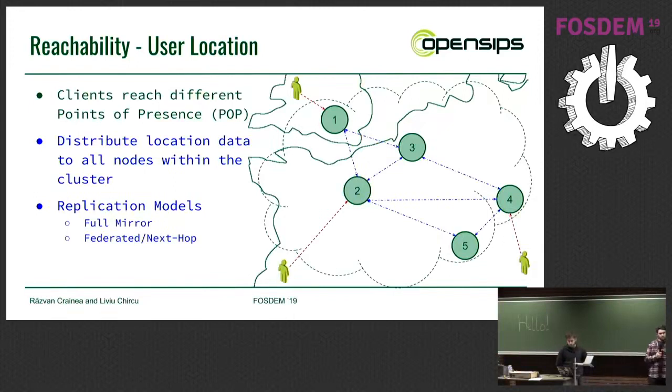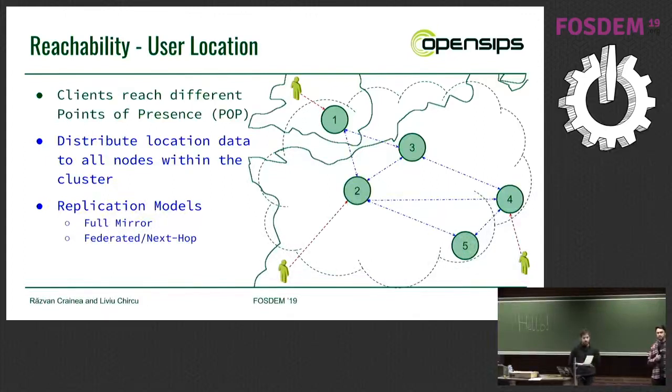And there are a couple of models that we use to do this. We can have full mirror. For example, all the nodes share the entire location data, which in practice is not very useful because usually these clients are behind NAT. So even if I have the entire user data, node 1 will not be able to reach the guy in France.